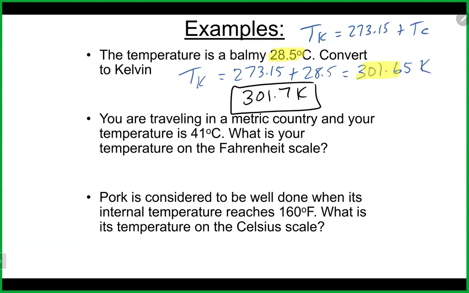Yeah. Would it be specified how far to take the answer? Is that what you're asking? It doesn't. In all answers, you should always round to the proper number of significant figures.